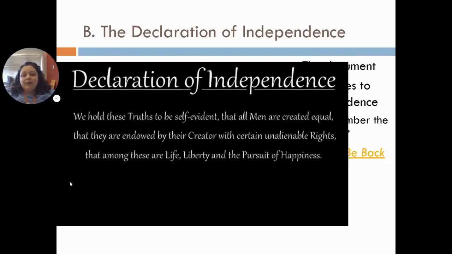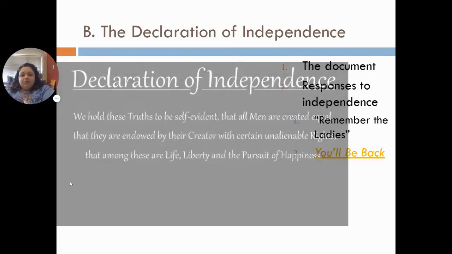Now, he then goes on to quote basically John Locke, that they are endowed by their creator with certain unalienable rights, rights that cannot be taken away, that among these are life, liberty, and the pursuit of happiness, that the government is to protect these unalienable rights, and that these rights cannot be taken away. Okay. Now, this opening statement, again, extremely dramatic, extremely radical.